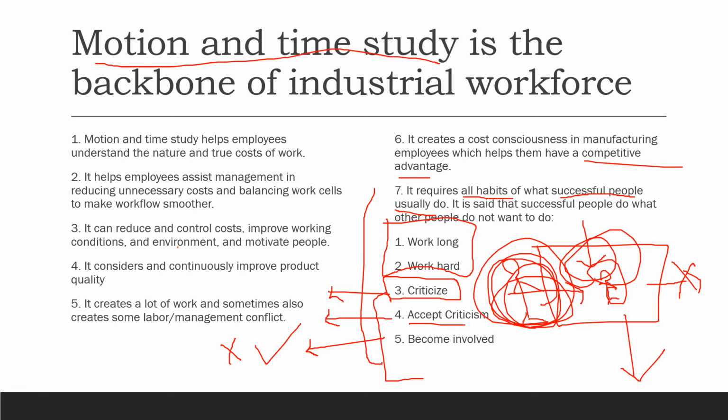So the difference between people: are they successful, or do they just go with the flow, a normal employee? It depends. That normal employee, we call a routine employee, doesn't do this. Why?